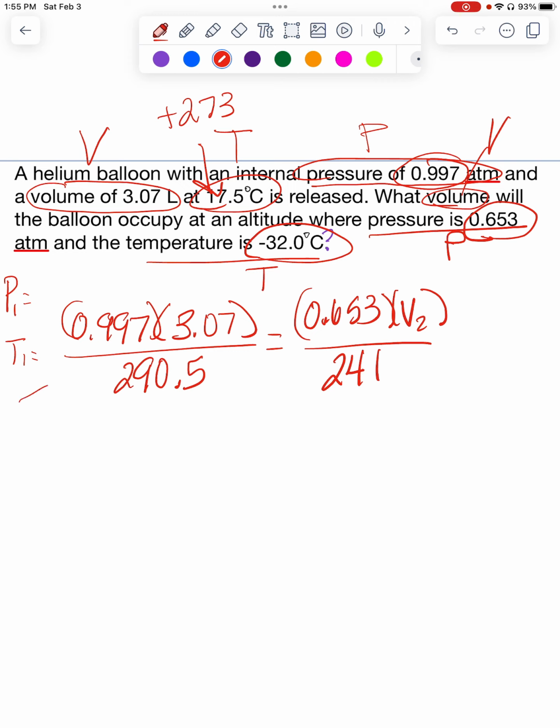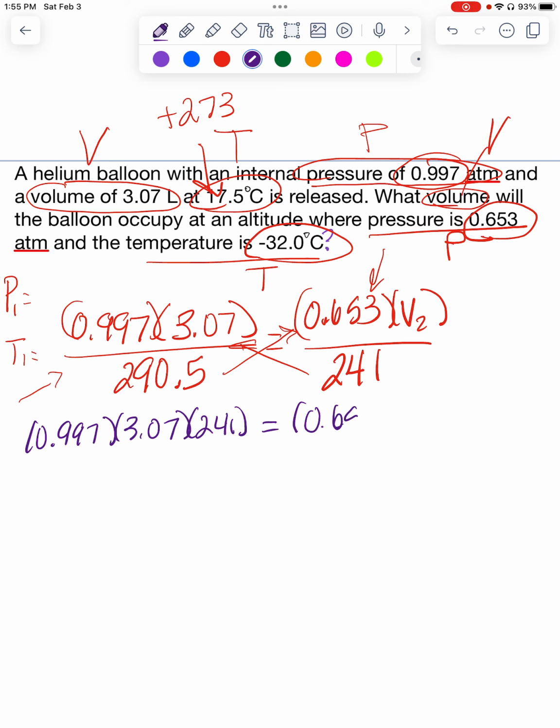Some students will simplify here and they'll simplify here. You can do that. Me, I like to do it all at one time on the calculator. So cross multiply. And when you cross multiply, you get 0.997 times 3.07 times 241 equals 0.653 times 290.5 times V2.